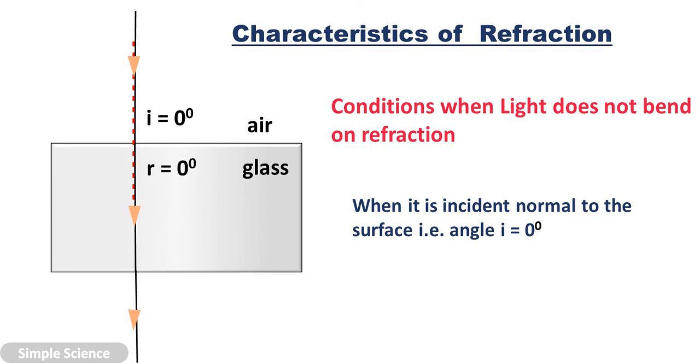That is also equal to 0. So when light is incident normal to the surface, or incident at angle 0 degrees, then it passes undeviated. And in this condition, i is equal to r, which is equal to 0 degrees.